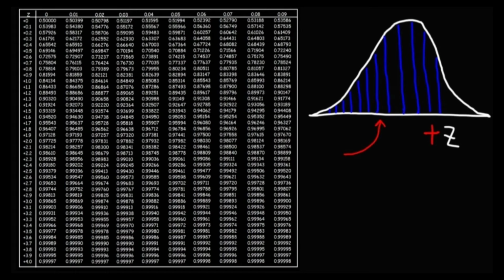So ang formula dyan na nalagay ko is AL, which means area of the left is equal to 1 plus CL, or confidence level, over 2. So yan ang gagamitin nating formula para makuha yung z-score value ng confidence level.